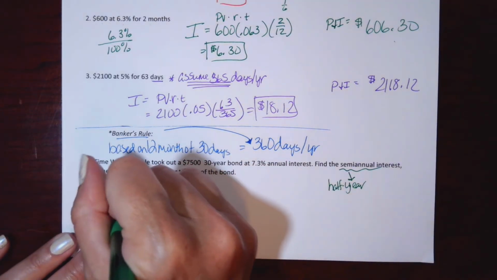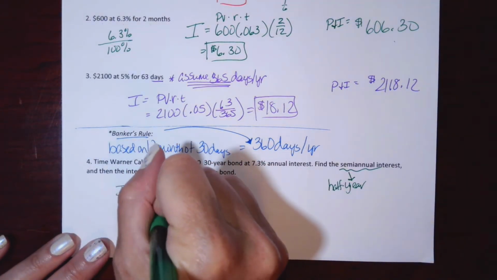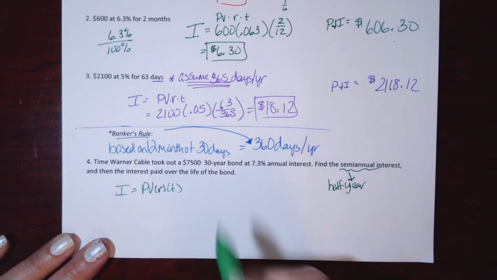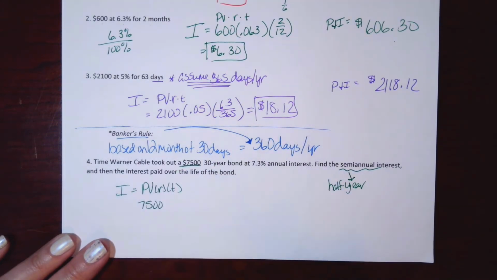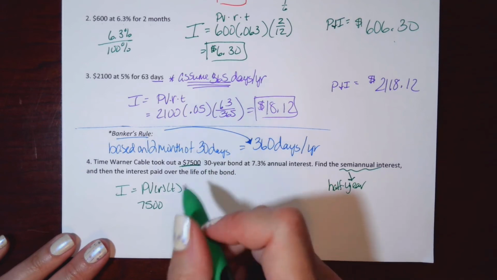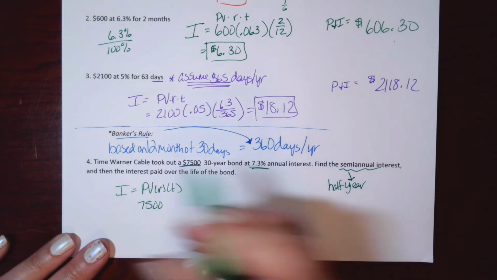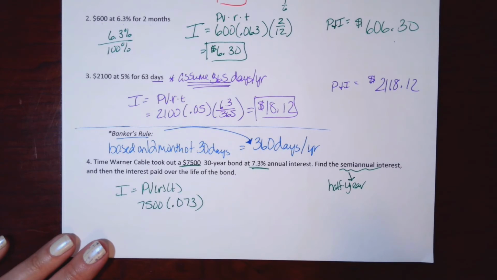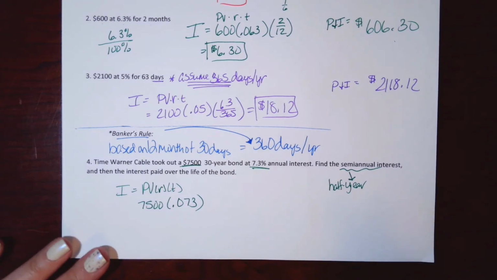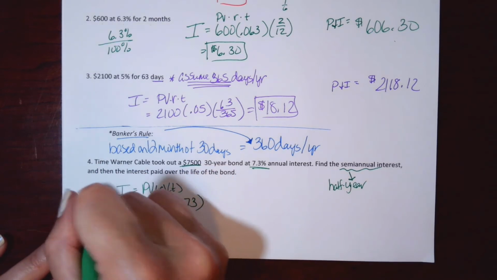So we've got I equals PV times R times T, where present value is the cost, the face value of the bond, $7,500. My rate is an annual rate. We change it to a decimal, 0.073. Our first question, the semi-annual interest, what's my time going to be?